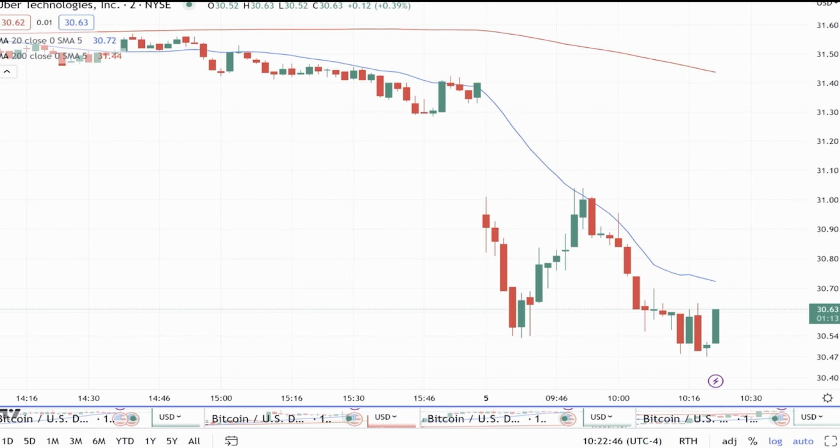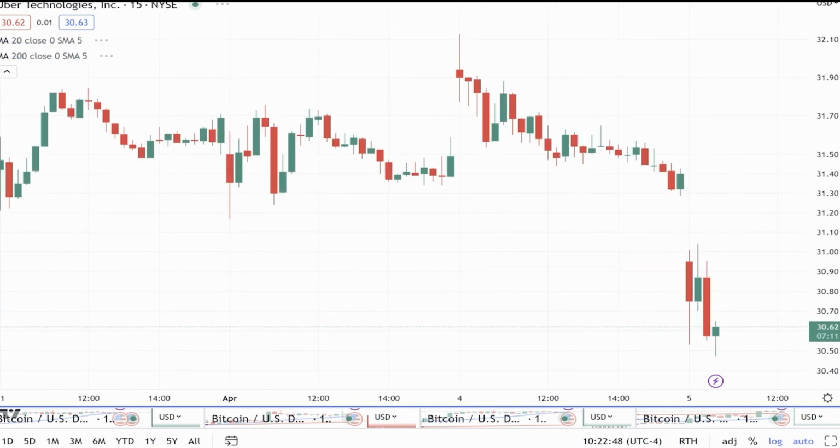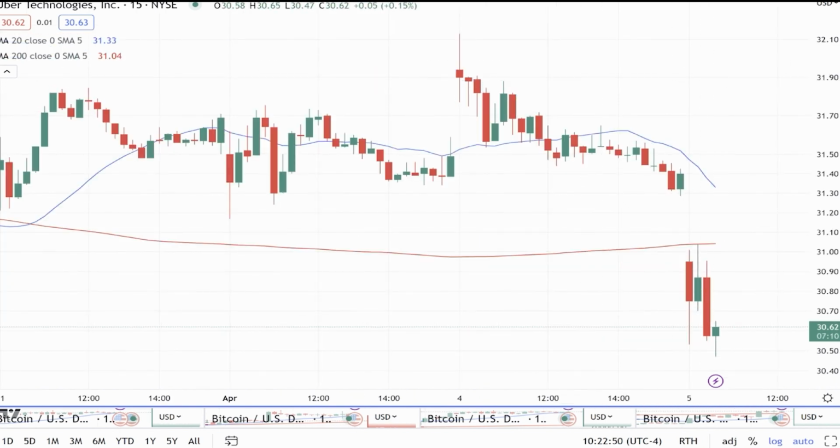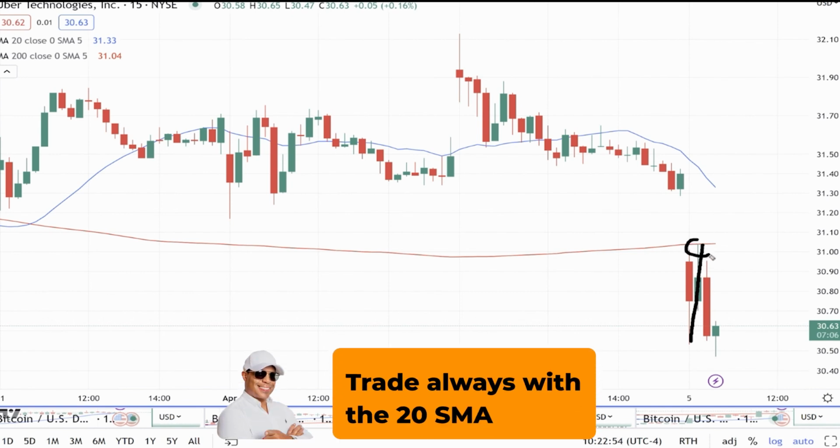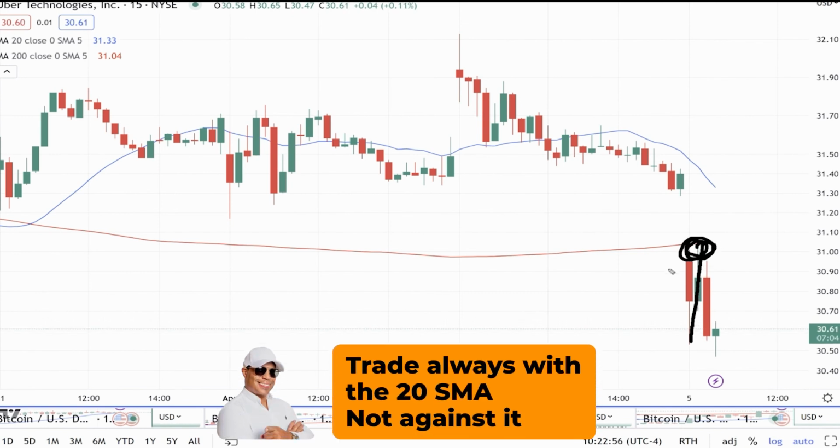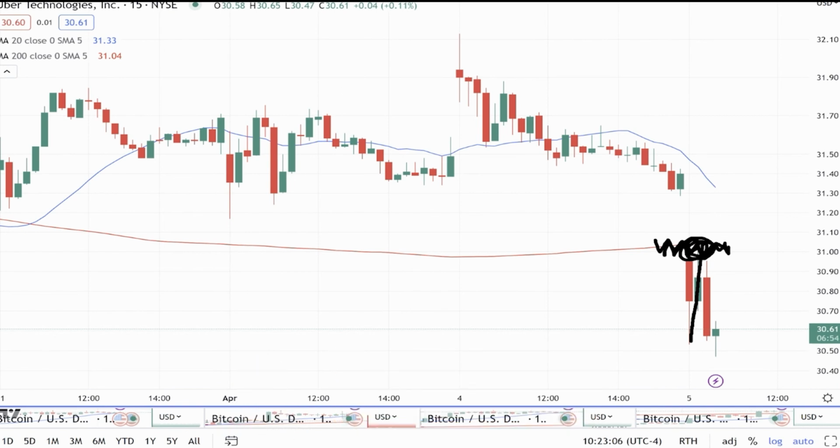On the 15, yes, beautiful. That was also coming to an overhead 200 period moving average. Wow, wow, wow. So we've got dual areas of resistance.